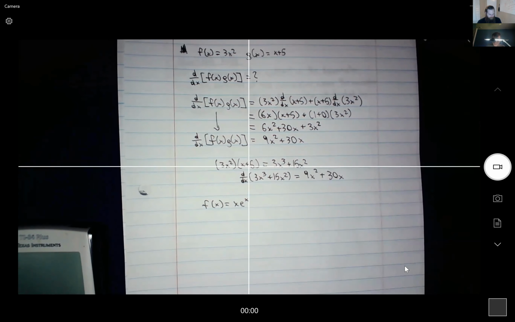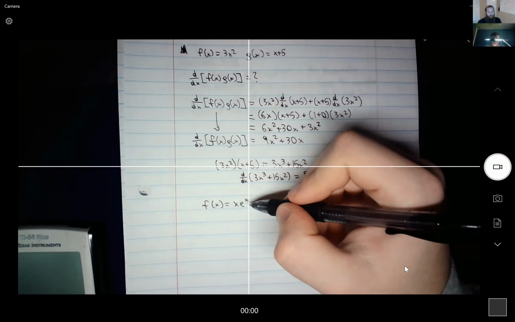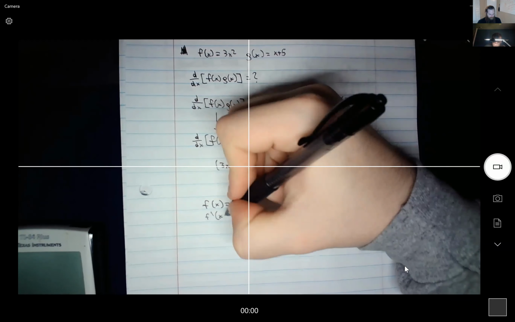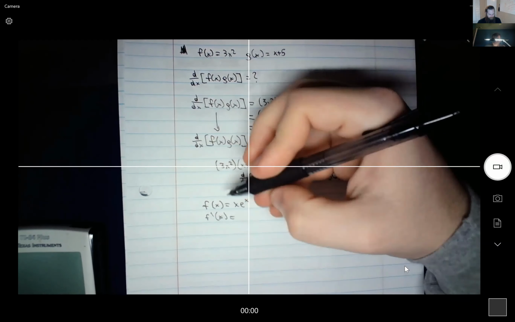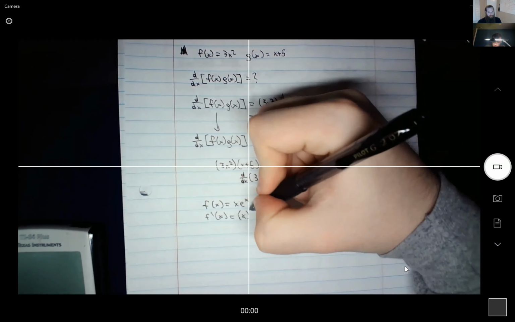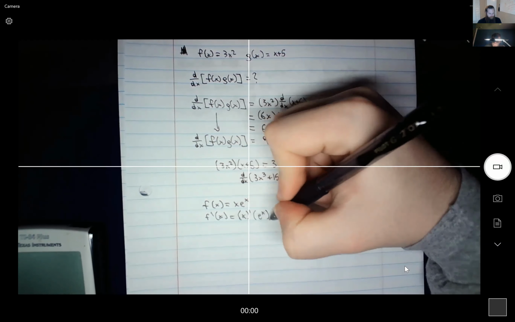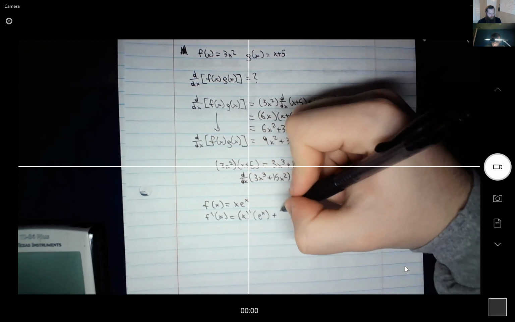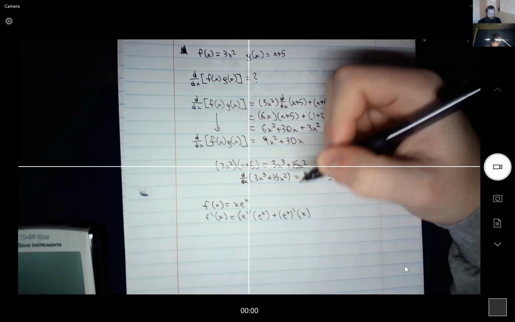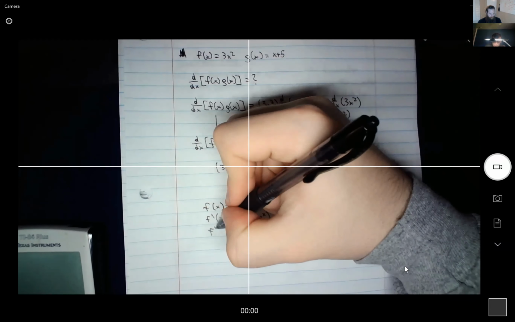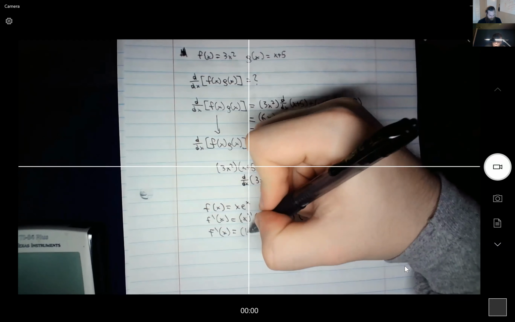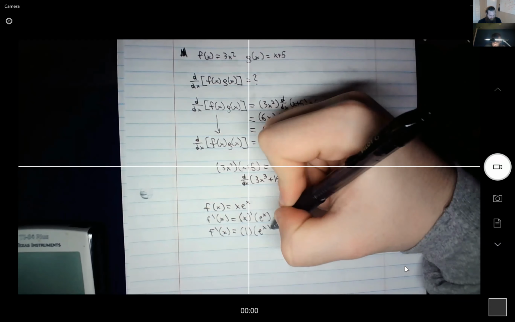So you can't just combine these because they're already combined, and the e to the x follows its own derivation rules. So f prime of x is going to equal the derivative of the first times the second plus the derivative of the second times the first. So then from there, the derivative of x equals 1 times e to the x.